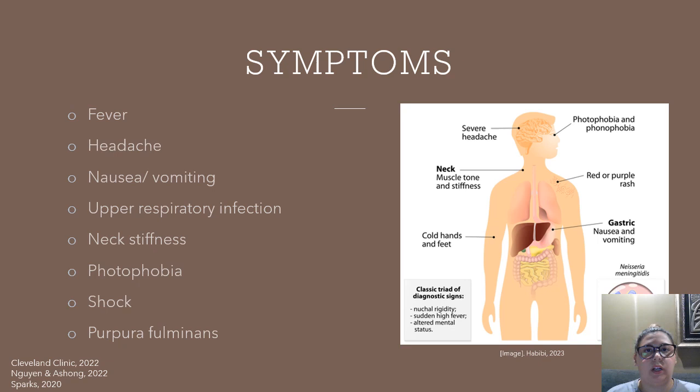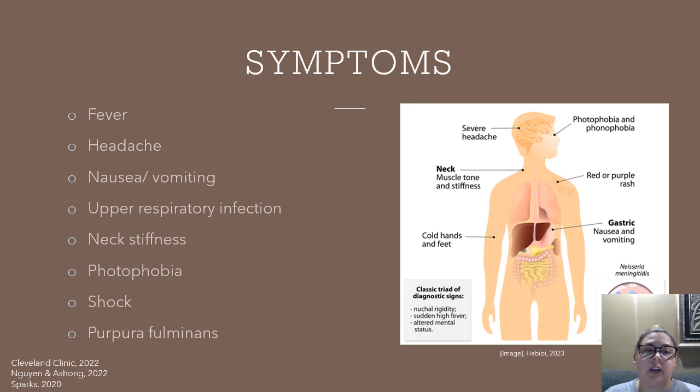Okay, so what are our signs and symptoms? Initial presentation of N. meningitidis may include sudden onset fever, headache, nausea, vomiting, severe myalgias, nonspecific rash, a sore throat, and other respiratory symptoms.